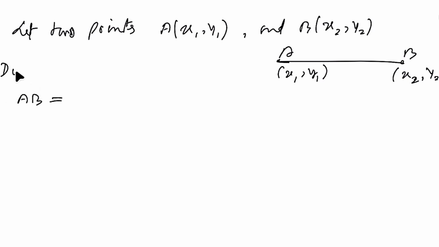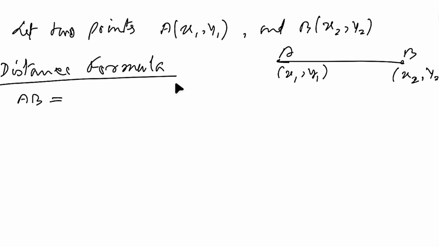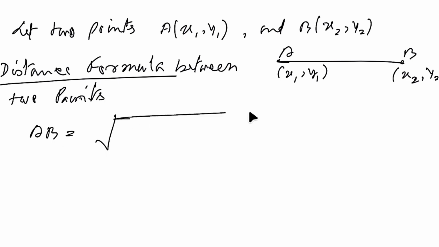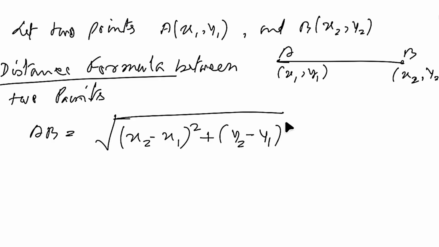By using the distance formula. Always remember the distance formula. Distance formula between two points: AB equal to root over (x2 minus x1) whole square plus (y2 minus y1) whole square.